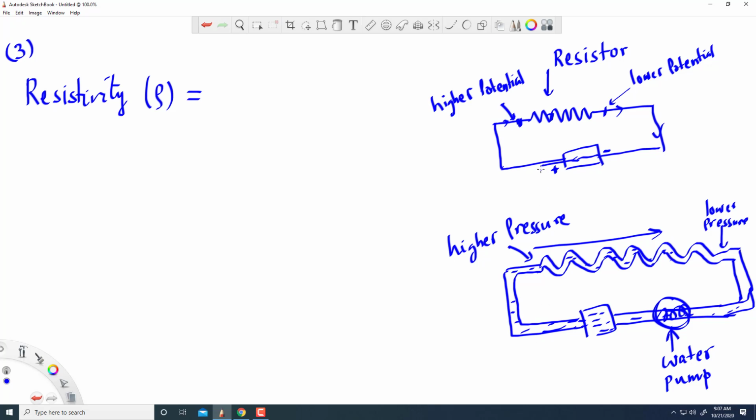Now, if we have this kind of series circuit, where everything is in series, then no matter where you measure the current, here, or here, or here, everywhere you get the same current. The current is the same in a series circuit.